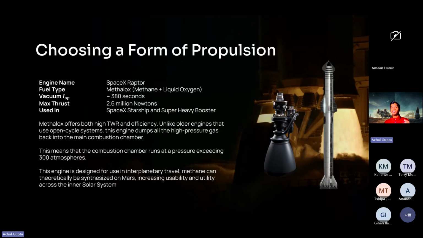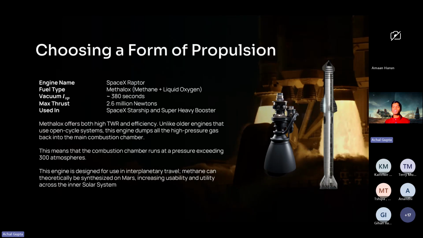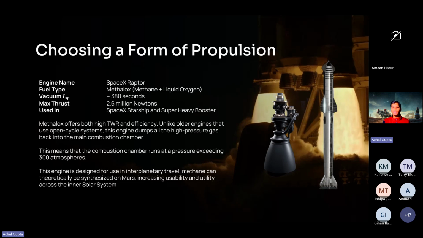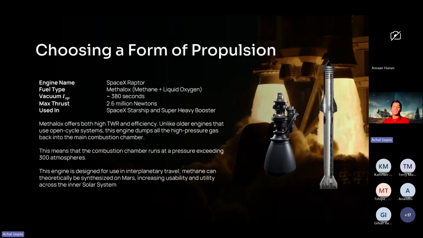The reason this engine uses methalox is because it is used on the Starship set of spacecraft, and the goal for Starship is to eventually land on Mars and accelerate interplanetary travel. So it is theorized that on Mars you can synthesize methane, and these engines are designed essentially for that purpose, so that you could send these spacecraft to Mars and then they could refuel over there.